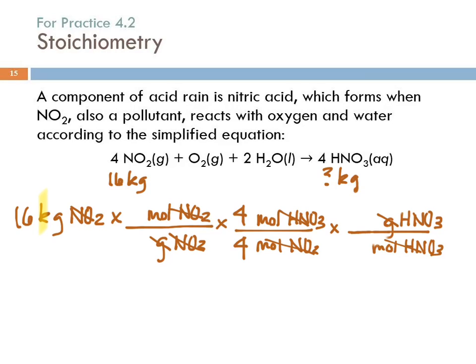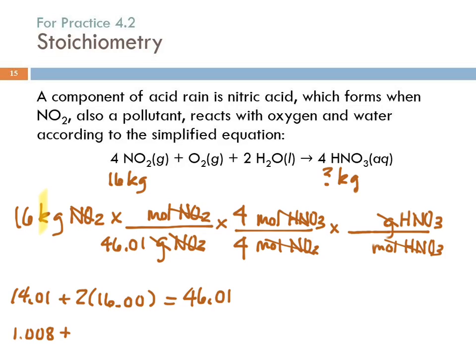Well, we're going to calculate molar mass. 14.01 plus 2 times 16.00. 46.01 down here. And then over here, we need the molar mass of nitric acid: 1.008, plus the nitrogen, and 3 oxygens.